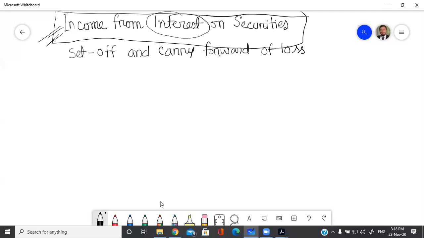If you read the newspaper, you will see this kind of securities name: wage earners development bond, US dollar premium bond, US dollar investment bond, euro premium bond, then euro investment bond, pound sterling investment bond, pound sterling premium bond. Interest income from these bonds are tax exempted. And these bonds, remember, are issued by the Bangladesh government, okay, but in foreign currency.